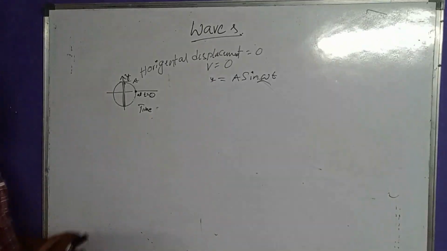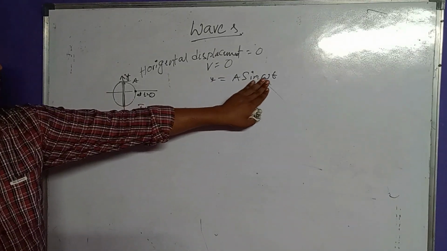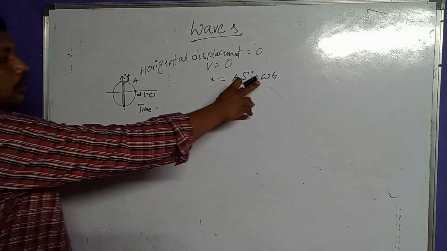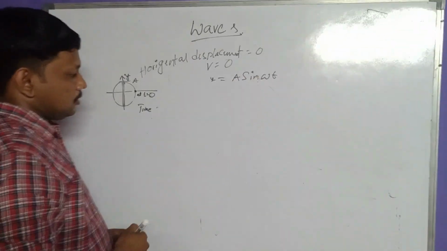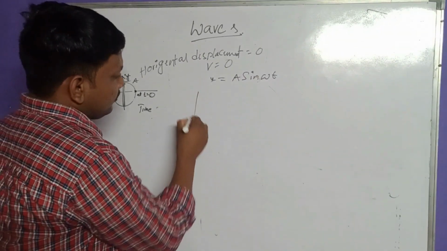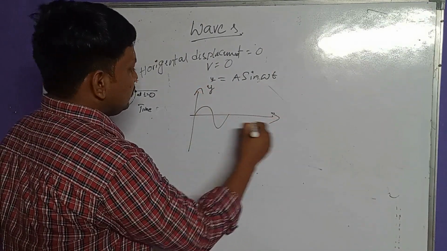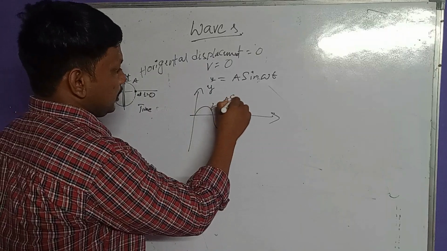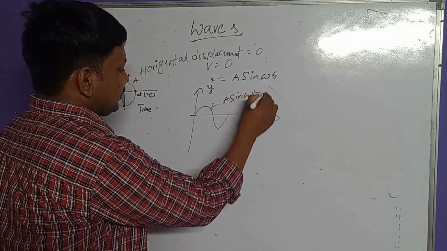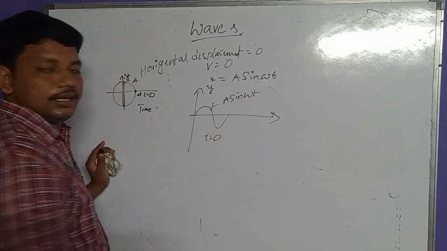To understand how to introduce the variable in this function, this wave is y is equal to a sin omega t, at t equal to 0, right?